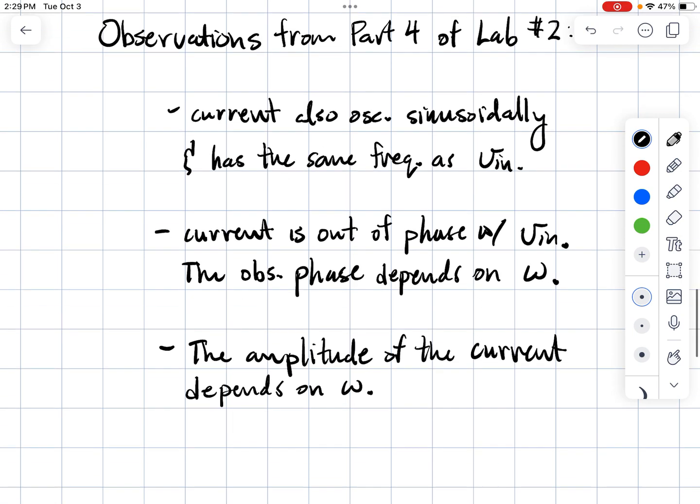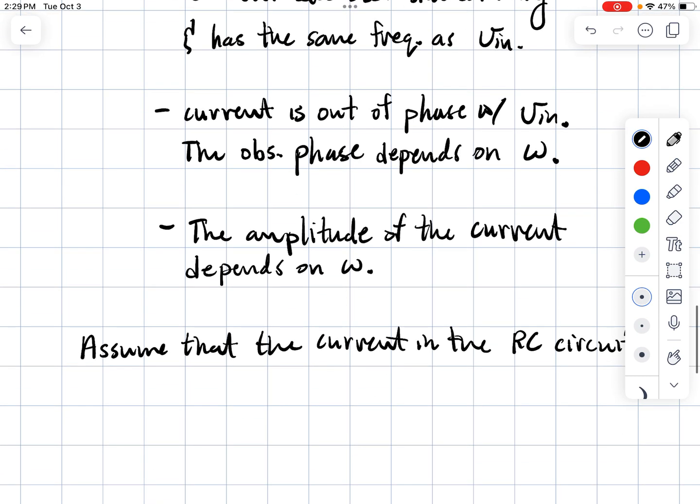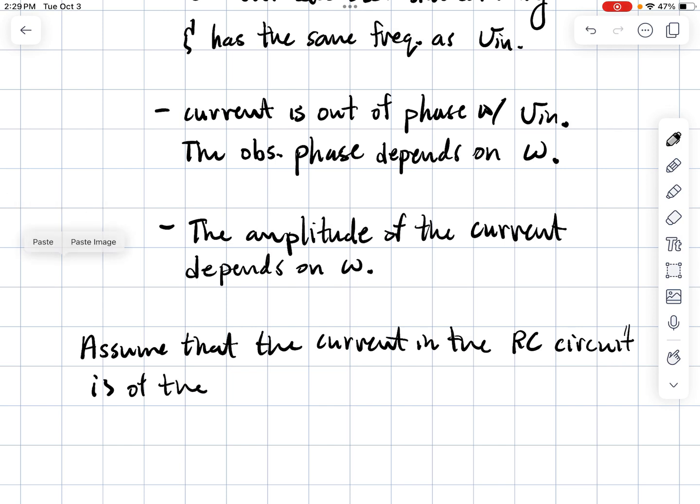Okay, based on these observations, we're going to assume that the current in the RC circuit is of the form, okay, so what are we going to have?